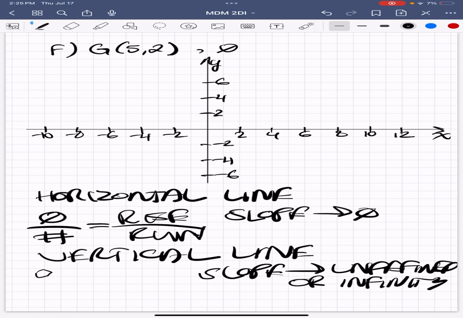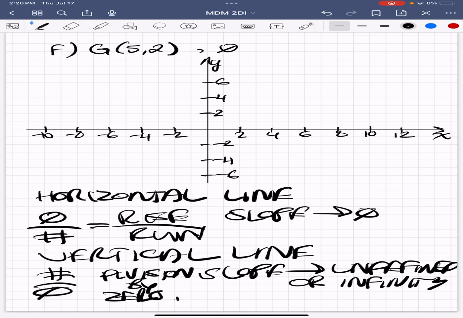So we have a number over 0, division by 0. It's inconclusive, cannot.